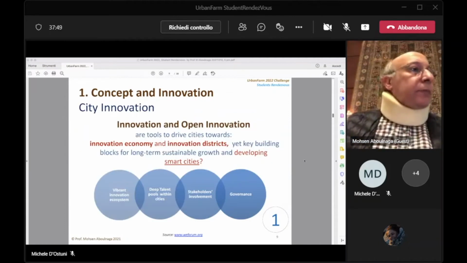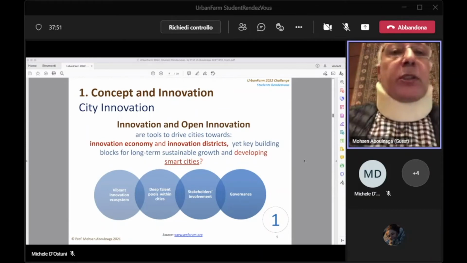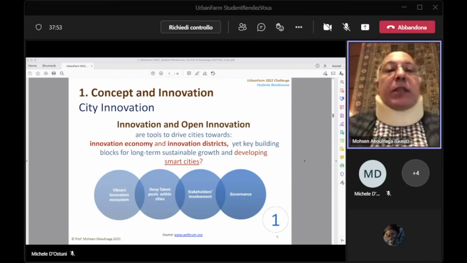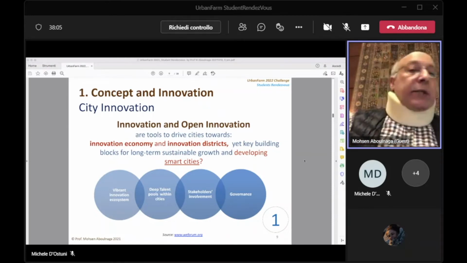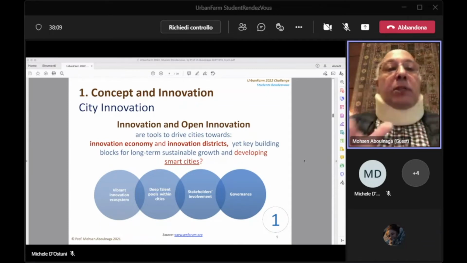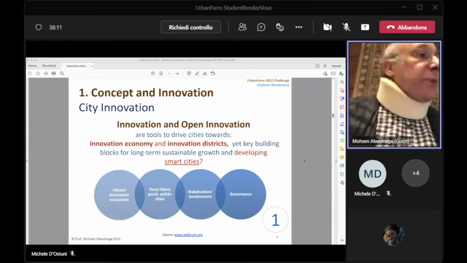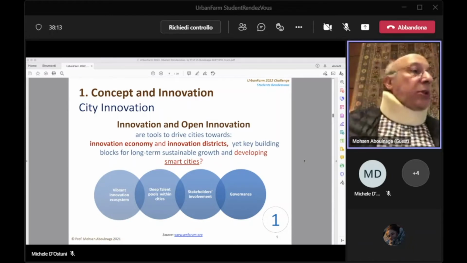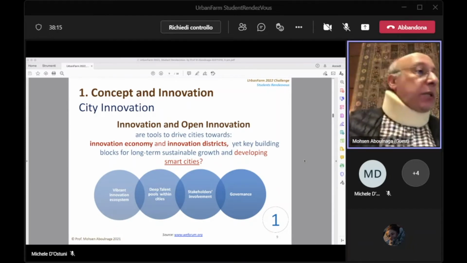Next. So open innovation and innovation are tools to drive cities towards innovation economy and innovation districts, and key building blocks for long-term sustainable growth and developing smart cities. That will be through a vibrant, innovative ecosystem. You have to look at the ecosystem in the site, how you're going to develop that. And also using deep talent pools within the cities.